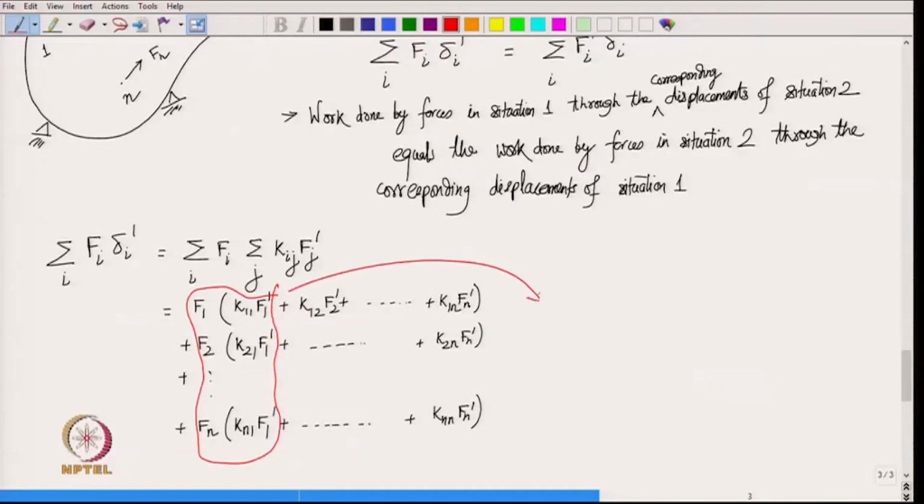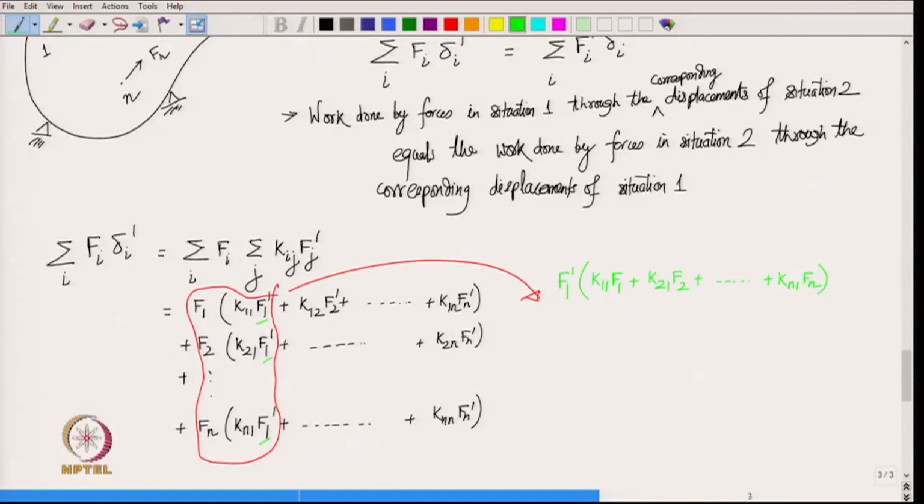So, you see in each of these terms we have f_1 prime as common. So, we take it out and write the remaining things. So, we have f_1 prime into k_11 f_1 plus k_21 f_2 plus dot dot dot plus k_n1 f_n, is it not?